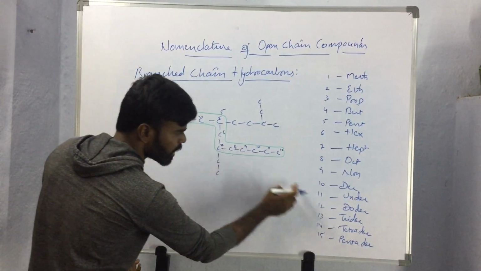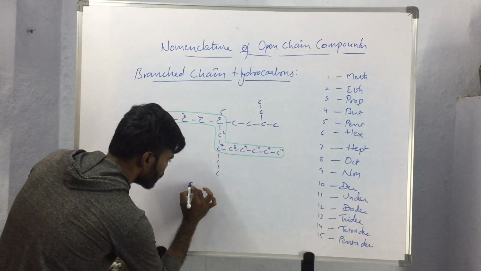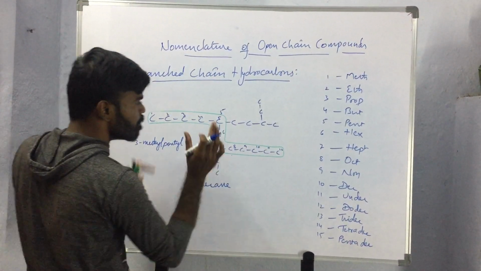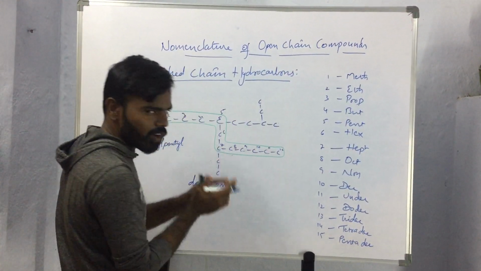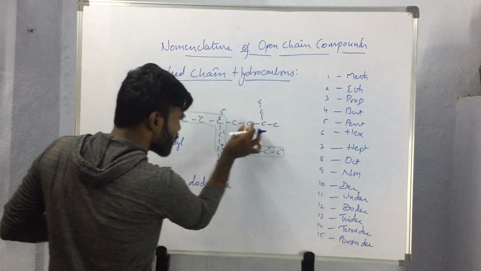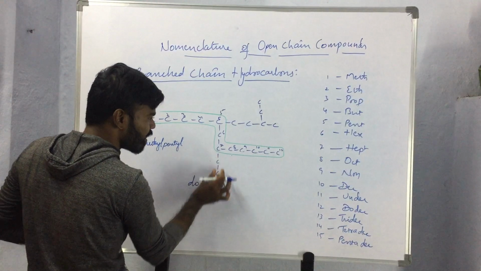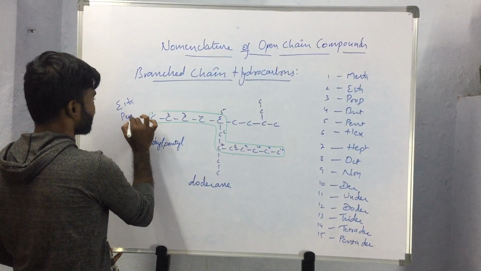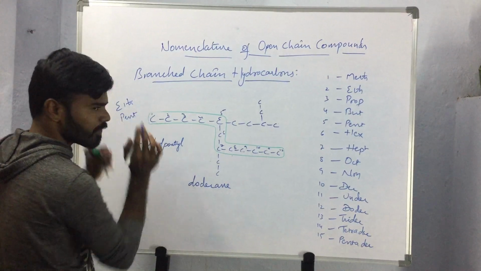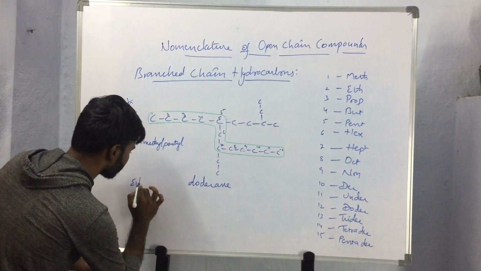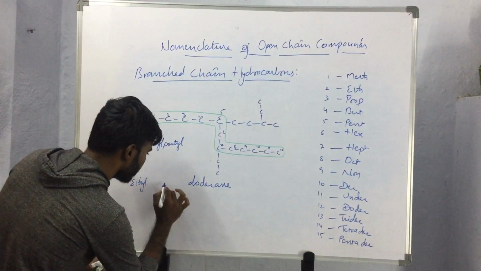The name of the main parent chain is dodecane, and the side chains or branches on this parent chain are pentyl and ethyl. So ethyl and pentyl, E will come first. That's why we will write ethyl, then pentyl.